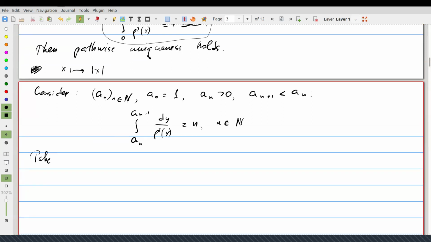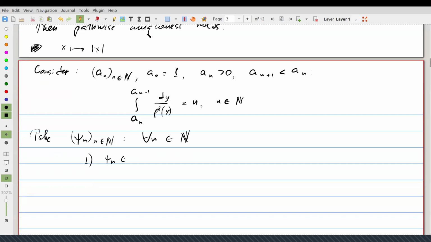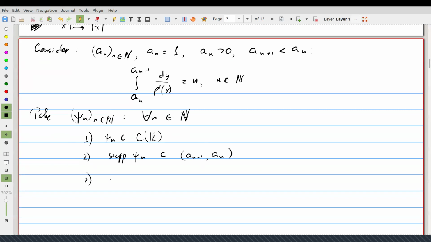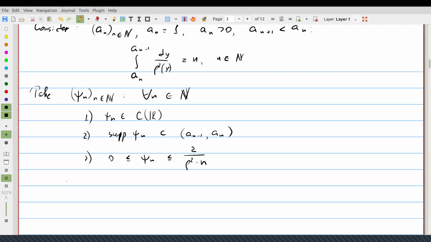Now take any sequence of functions psi_n such that for any fixed n, this function is continuous, it lives on this interval, and it's non-negative and less than 2 over n rho squared, and the integral from a_n to a_{n-1} of psi_n of y dy is just 1.